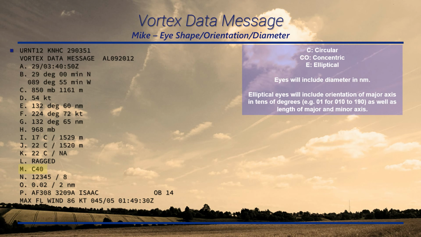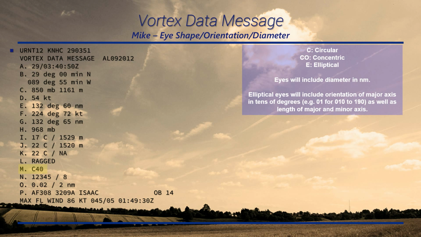And then the more difficult one is the elliptical one. What we're going to do here is describe the major axis, that's the longest length from one end to the other. We'll explain the length of that major axis as well as the length of the minor axis. So, for instance, we'd start off with an E09, that's our major axis.